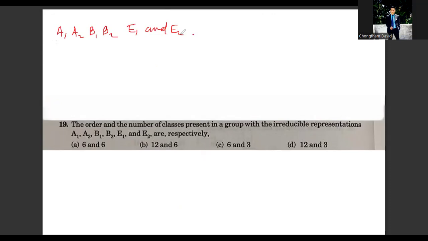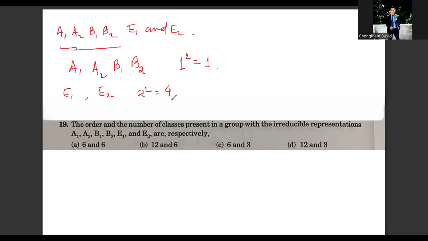So let us determine the order of the group, which is the sum of the squares of the dimensions of the irreducible representations. A1, A2, B1, B2 will each contribute 1 square, that is 1, and E1, E2 each contribute 2 square, that is 4.